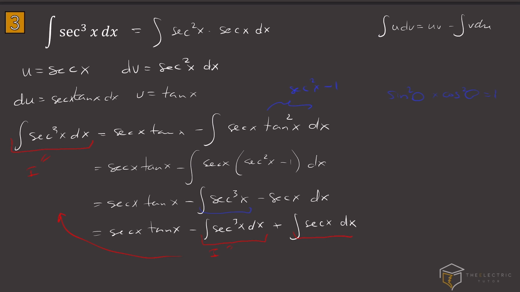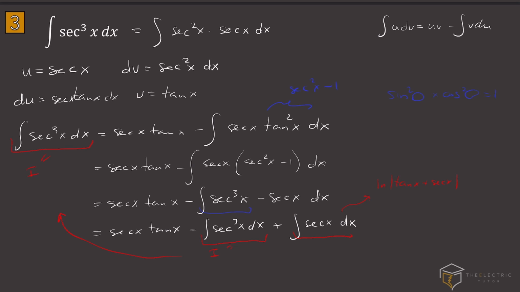Finally, I just have to integrate secant x, which is already among our list of basic integration table. So this is natural log tangent x plus secant x.